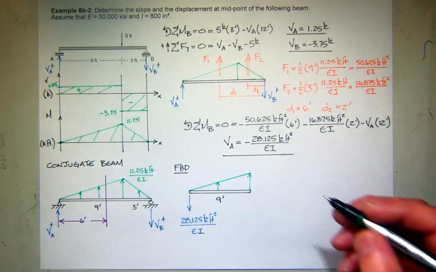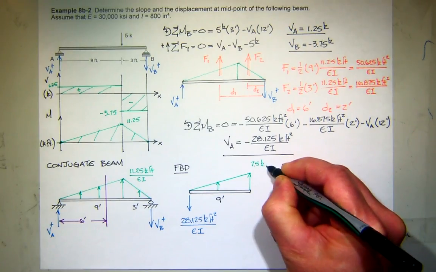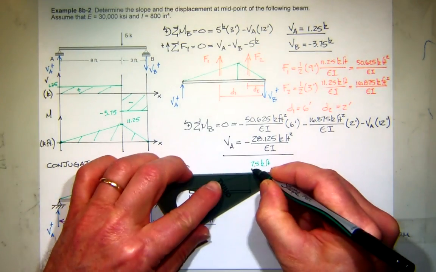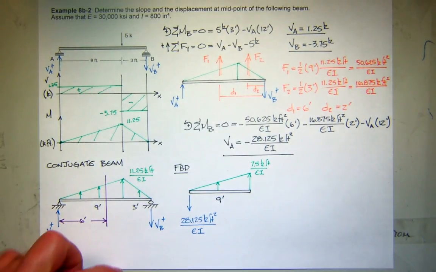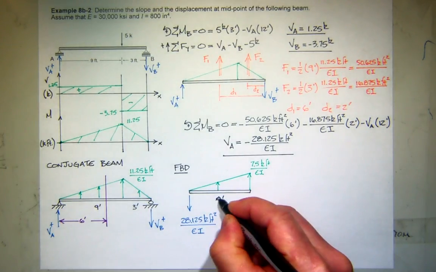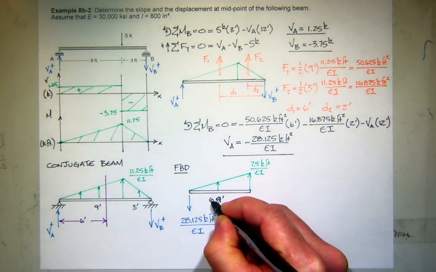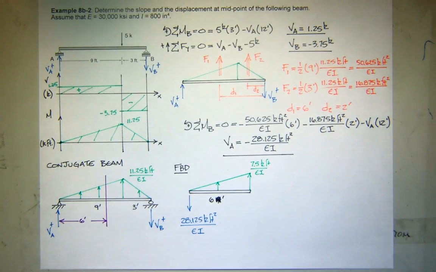So this should be 7.5 kip feet divided by EI. Shouldn't your length of the beam be 6 then? It is, thank you very much. It is actually 6, I just wrote it upside down. Let's make sure that 9 goes away. There we go, 6 feet.